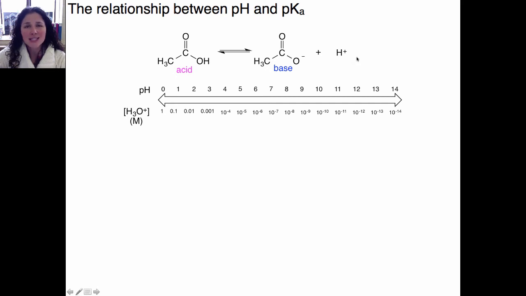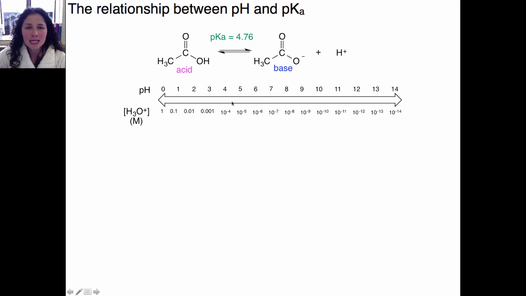Both things mean essentially the same thing. This is my acid and my conjugate base form. The pKa of this acid is 4.76. The pKa value of an acid can be used to determine what form of the acid is present in solution, the acid form or the base form.